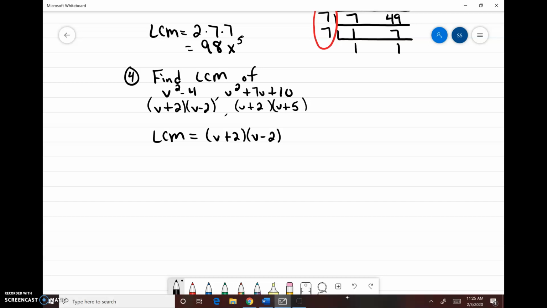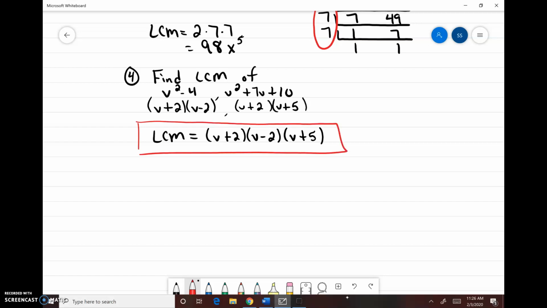The first factor I see is v plus 2. But if we look at our LCM, we already have a v plus 2, so then we do not need another one. Okay, we already have it. So we look at the second factor, v plus 5. We don't have a v plus 5, so then we do need to add that. And then that covers everything. All my factors are covered, and so that's my LCM between these two expressions.